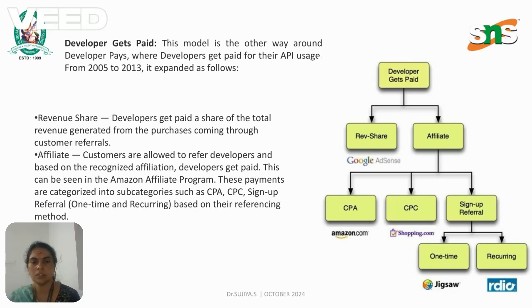In affiliate, customers are allowed to refer developers, and based on their recognized affiliations, developers get paid. This can be seen in the Amazon affiliate program, and these payments are categorized into subcategories such as CPA, CPC, sign up referral, one time, and recruiting based on their referencing methods. So this is the flow of the developer get paid model.